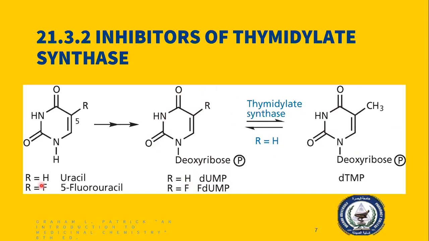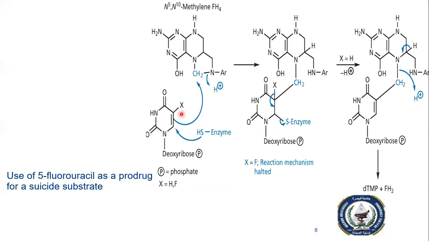But if we have a fluorine atom at this position, that will stop this reaction. How does that happen? Here you see the mechanism of the reaction catalyzed by the enzyme thymidylate synthase. First of all, we have to mention that 5-fluorouracil acts as a prodrug. So first it needs to be converted to the deoxyribose defluorinated deoxyribouracil.